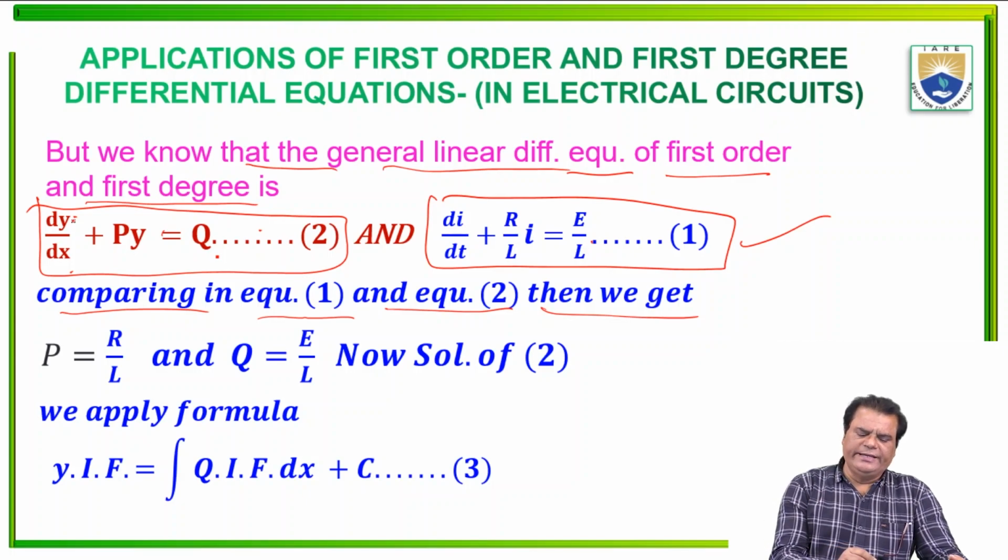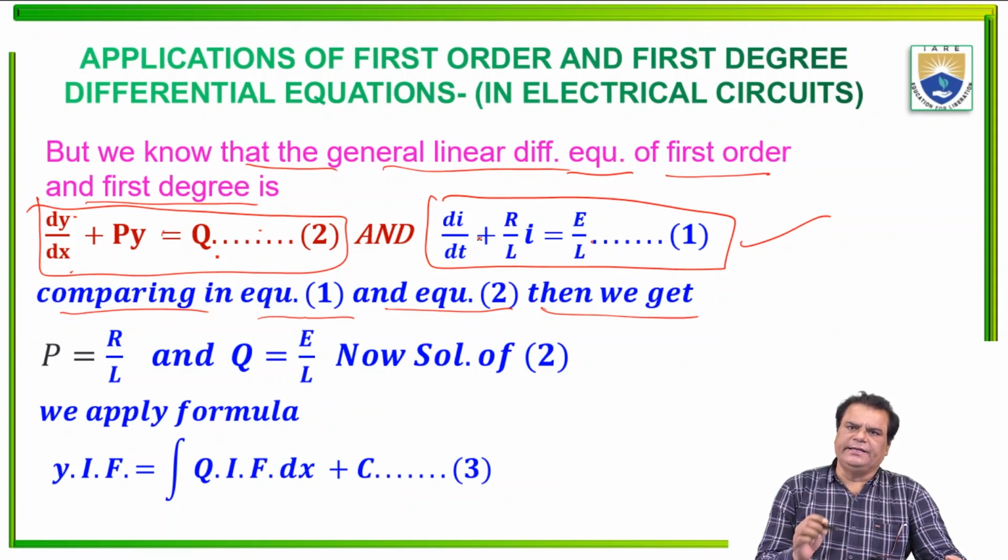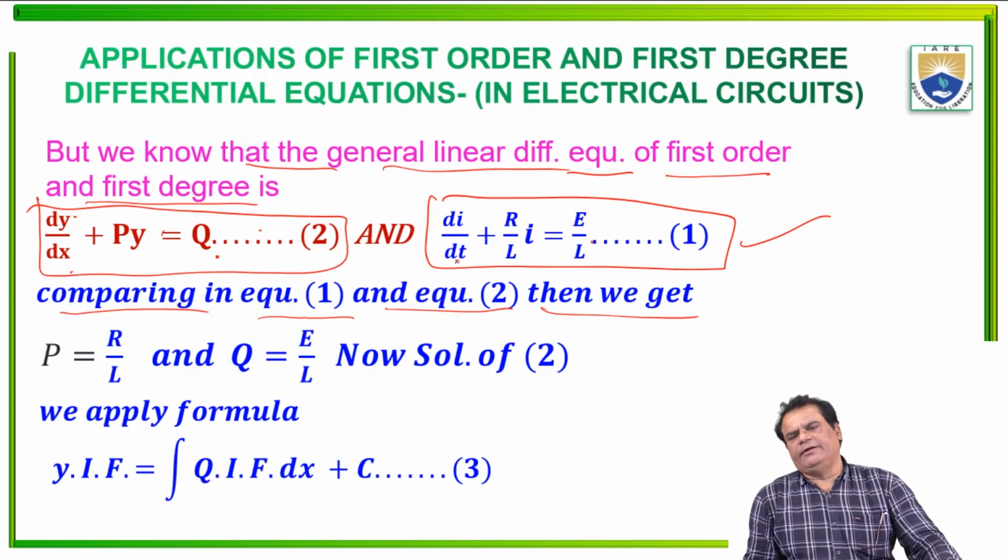This is y and x, and this is I and t. Here I is the dependent variable and t is the independent variable.